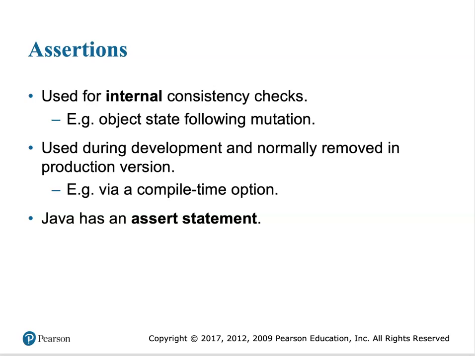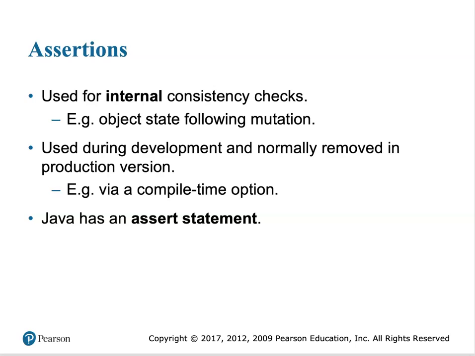Now, exceptions are not the only tool at our disposal for defensive programming, but they are the tool that should be left in the code for production code. But on the development side, we have this other tool called assertions.